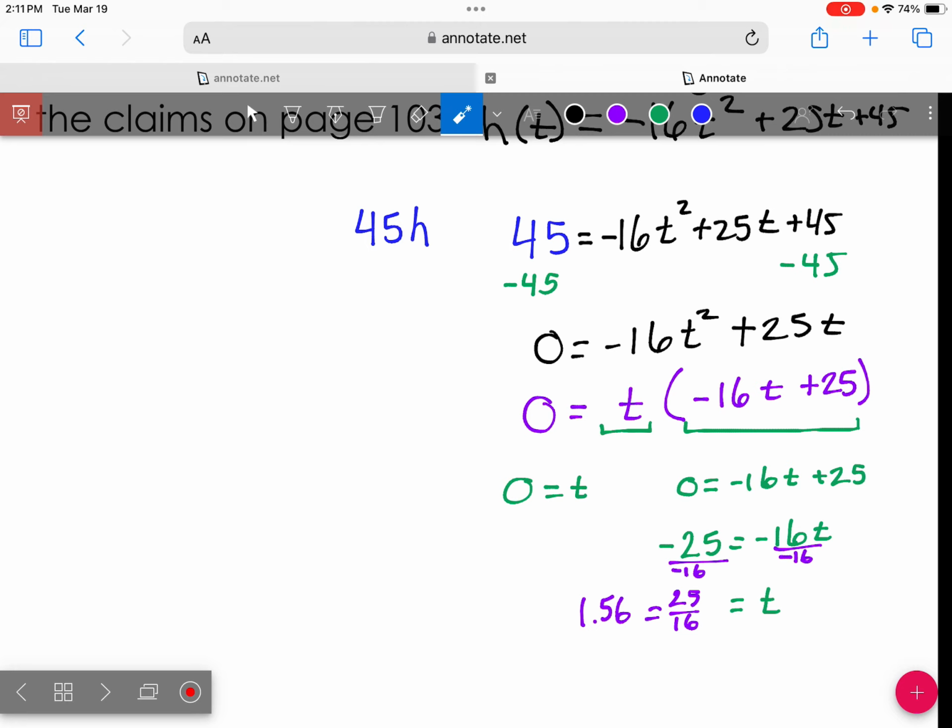What would be things that would not work? Negative numbers, which would mean we had to travel back in time to hit it. Or if we get an error on the calculator, a no solution situation, where we have the square root of a negative number. If we try the quadratic formula and get the square root of a negative, that's not going to work. That is not a real number. So we would not have a solution for that.